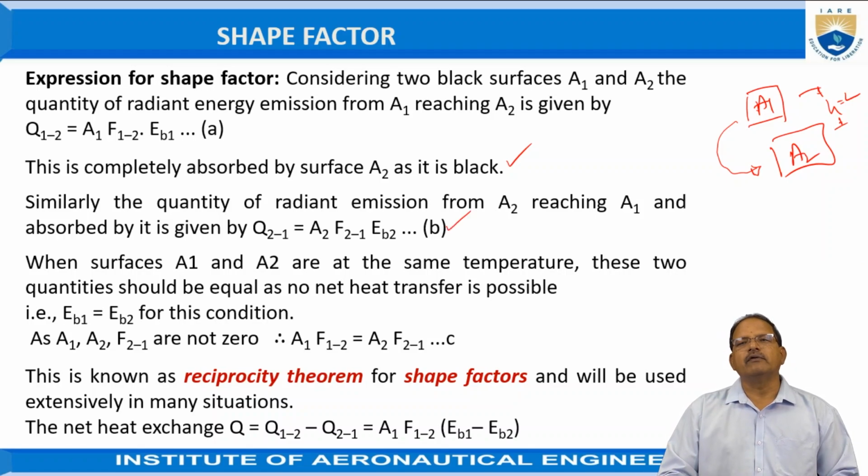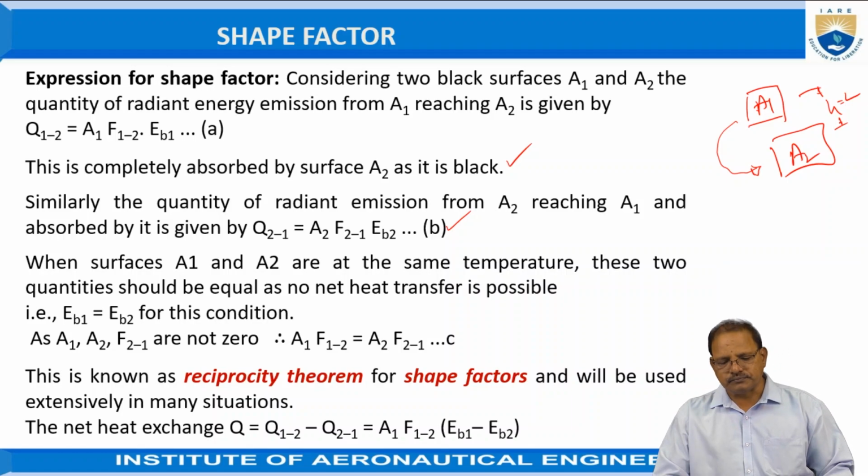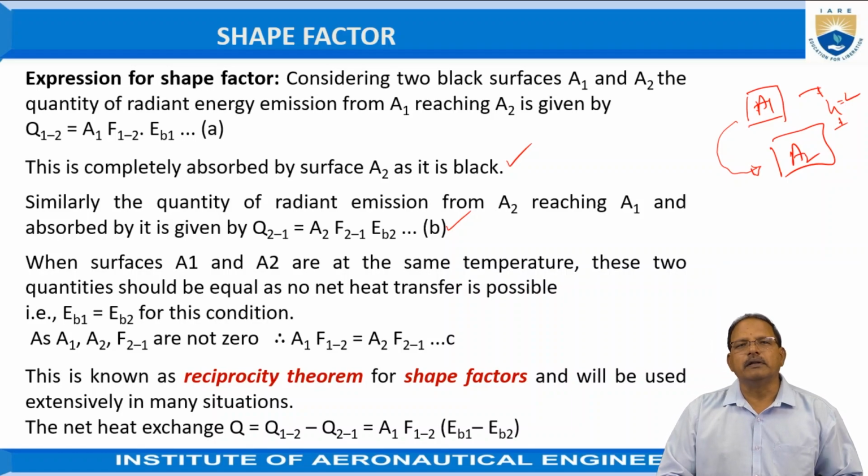When the surfaces A1 and A2 are at the same temperature, the amount of energy emitted by body A1 should be equal to the amount of energy received by A2. At the same time, the energy emitted from A2 is completely absorbed by A1. Or it can be represented as Q12 equal to Q21.